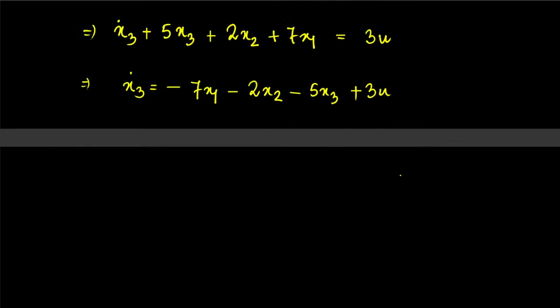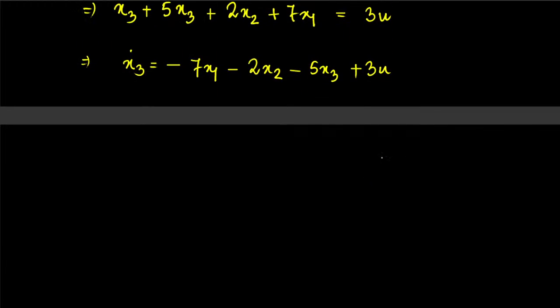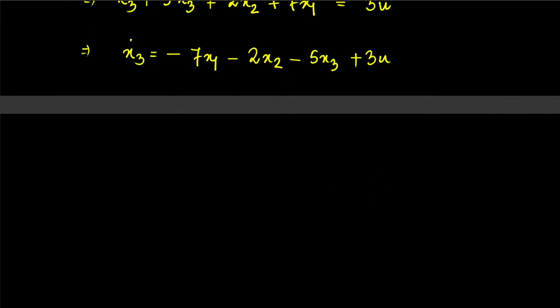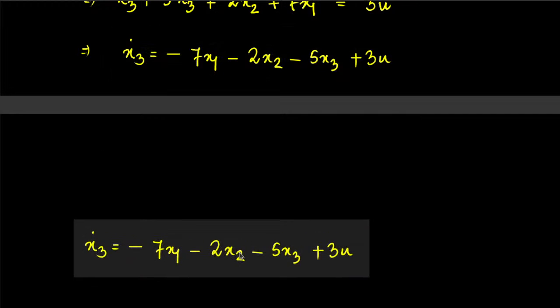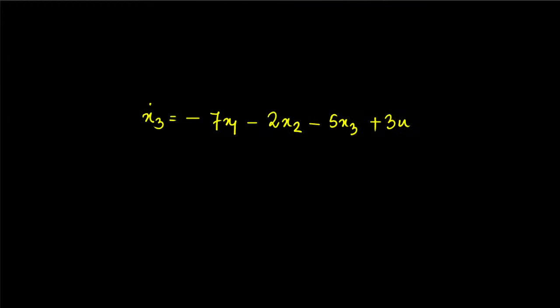All right, so that's the differential equation. And of course we have two more differential equations, and those are pretty easy to write already, because that's what we assumed earlier: x1 dot is just x2 and x2 dot is just x3.